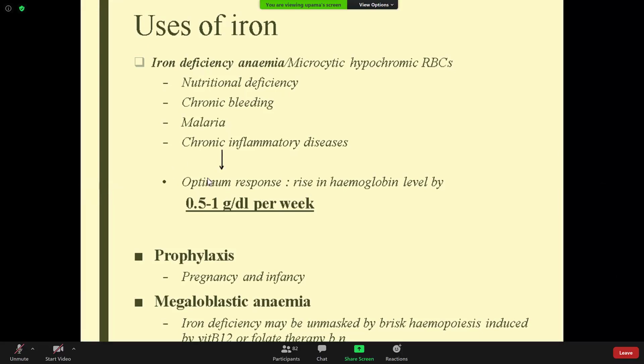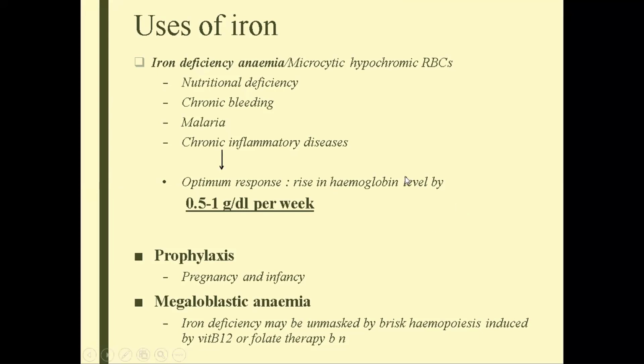You also have to look for the optimum response, which is seen by a rise in hemoglobin level by 0.5 to 1 gram per dl per week. So a weekly rise in this amount of hemoglobin is an optimum response. If there is not this amount of response, then you may have to increase the dose also, right?